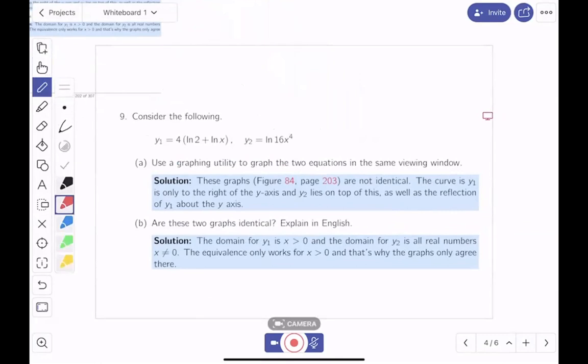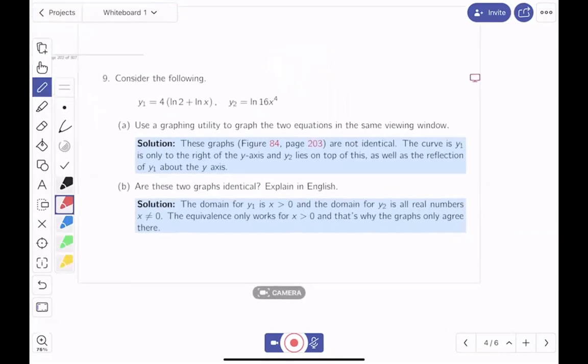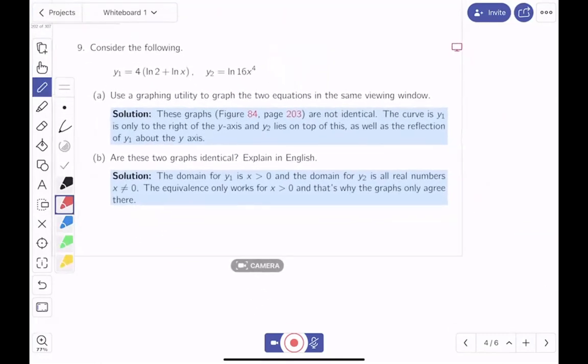And certainly, we want you to read it, right? So what does it say? There are two functions given to us. One is y1, one is y2. Someone says they don't even look possibly the same. What they want you to do is graph these two. So they want you to graph this, and they want you to graph this, right?